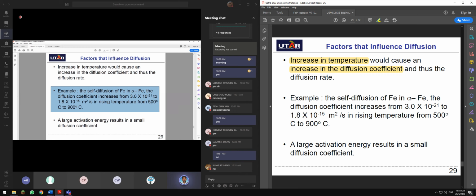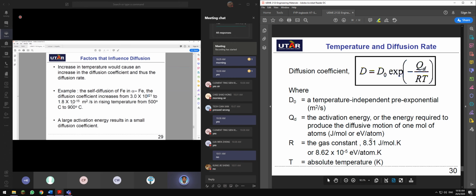See, when you increase from 500 to 900, the diffusion coefficient increases from a value of -21 to a value of -15. That's a huge leap. So temperature is rule number one for you to increase the diffusion rate, as I mentioned to you last week. Please take note of these as well.